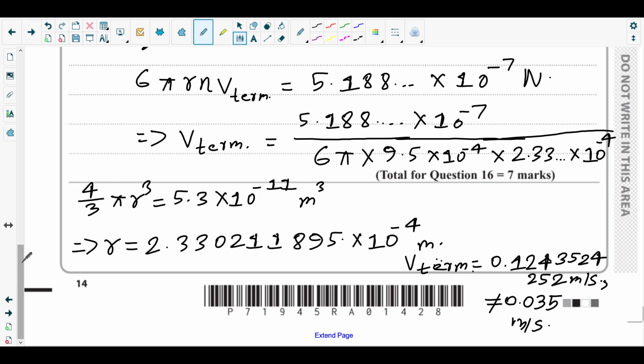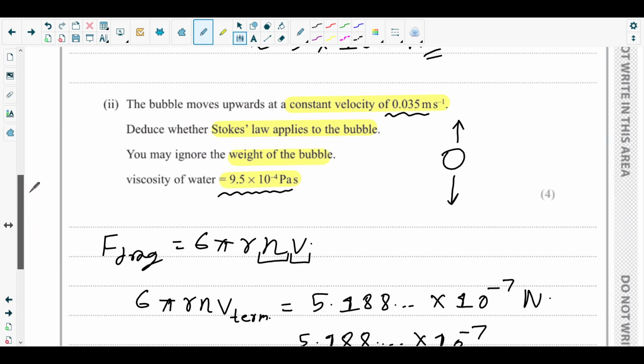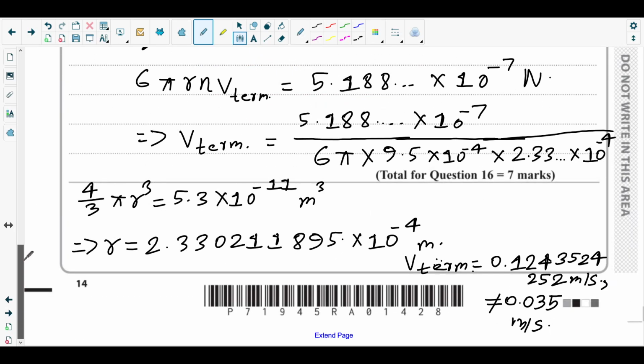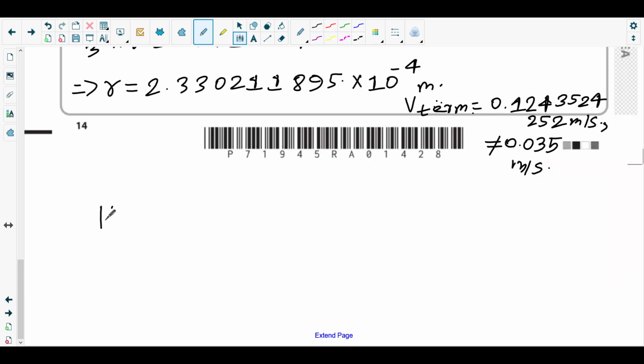So that means Stokes law is not applicable here. Hence, Stokes law is not applicable.